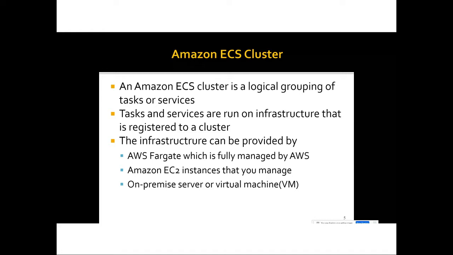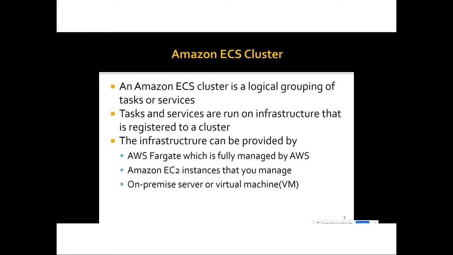So the first way, yes, is maybe traditional, maybe we just use an on-premise server or virtual machine. And this is not what we like, okay? The second one is Amazon EC2 instances, but in this case, it is up to you to maintain and manage it, okay?